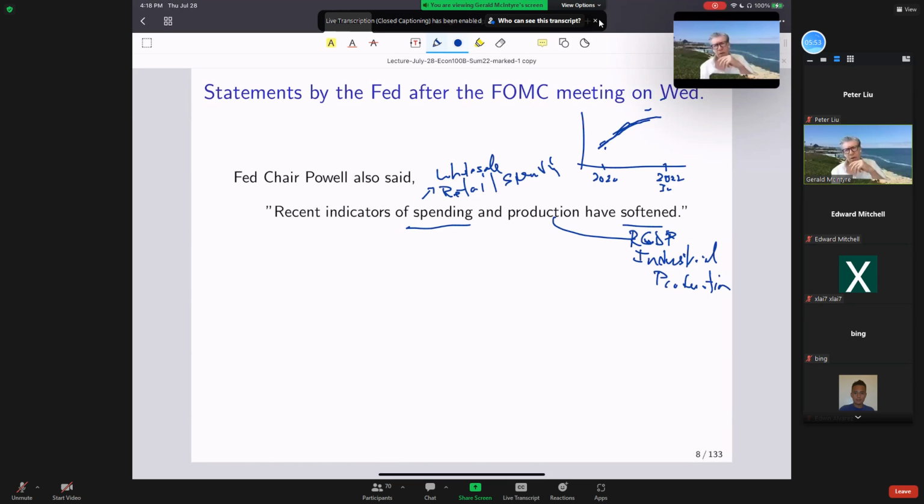Okay, and of course that's what happens when you're near a peak and then a turnaround falling off. Okay, so notice this statement is referring to two elements of what we call the NBER definition of a recession. Okay, wholesale and retail spending, real GDP, and industrial production.